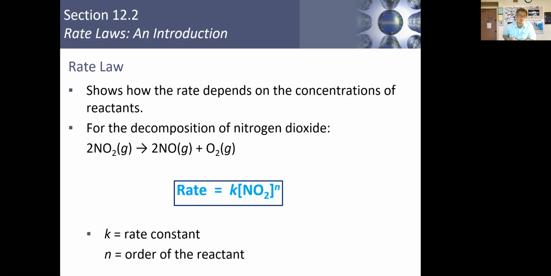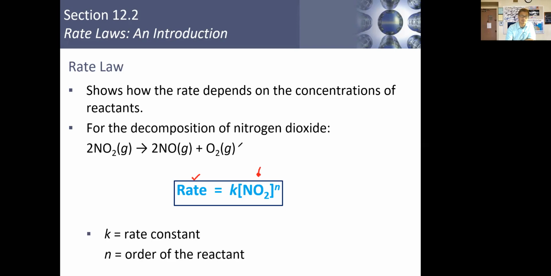The rate law here is a general rate law, so this is the format that we would use for any chemical process. But if you notice, we apply this particular rate law to this reaction here. The rate law defines for us the rate at which a chemical reaction occurs. Here is the concentration of the reactant.